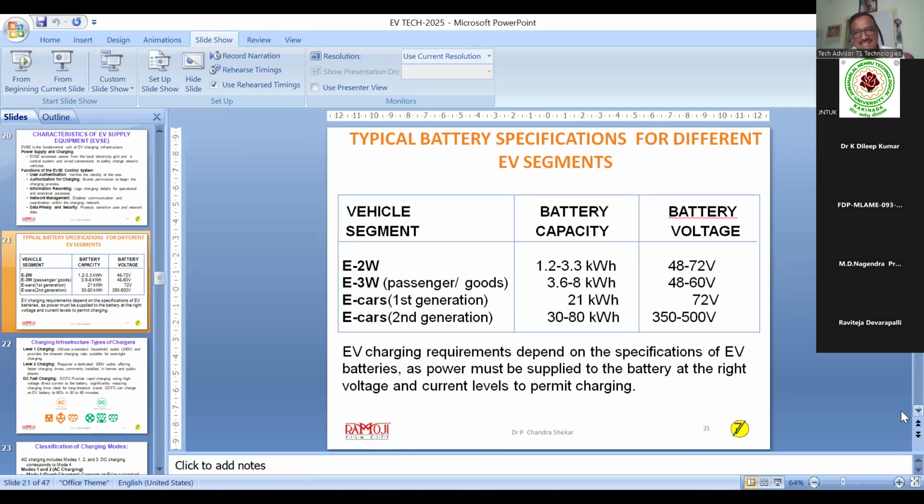With less current, less heat is involved while charging or discharging. Thereby, from a safety point of view, almost all the e-cars now are being configured for higher voltages. EV charging required depends on the specification of the EV batteries, as power must be supplied to the battery at the right voltage and current level to permit charging.